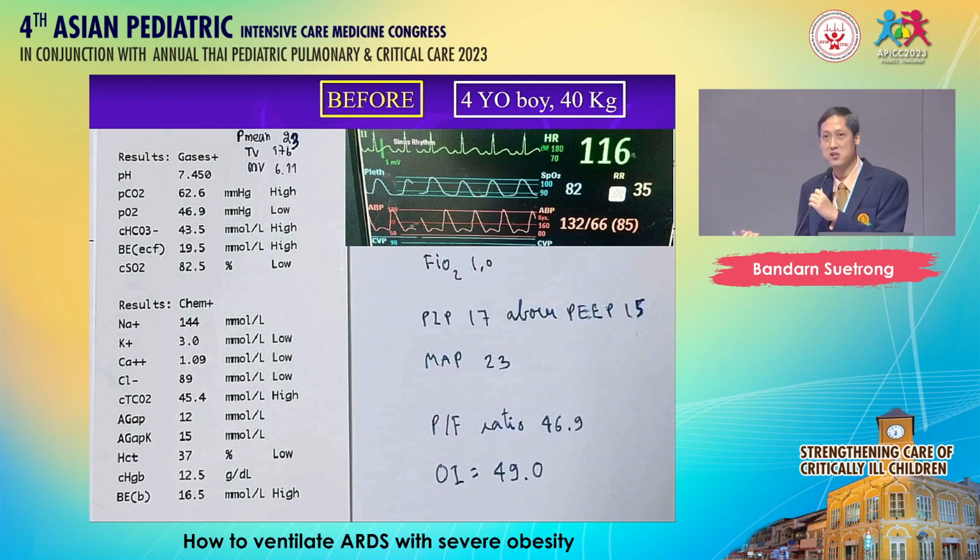When I saw this patient on the first day of my service, I said, oh, the oxygen index is sky high, so he is a VV ECMO candidate, right? But at that time, we were reluctant to use VV ECMO in COVID-19 because my staff and my CVT surgeon were a little bit scared. This case was about 3 years ago, so at that time we were afraid.